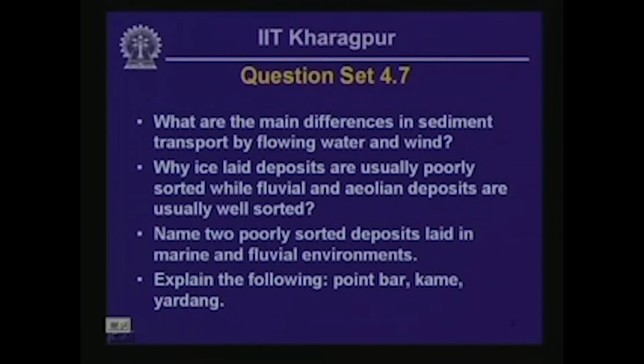As far as the fluvial environment is concerned, one type of deposit that comes to mind is the deposits laid in alluvial fans. In that situation, a high energy mountain stream enters a very flat lying area, and suddenly the velocity of the water flow decreases quite substantially.